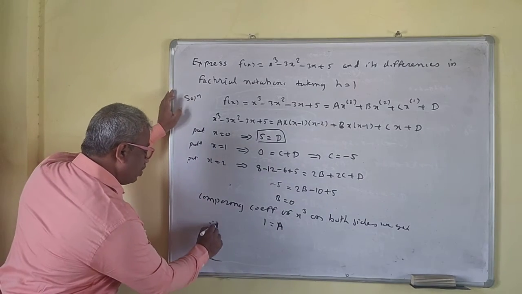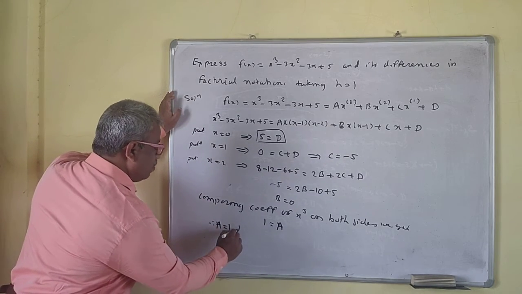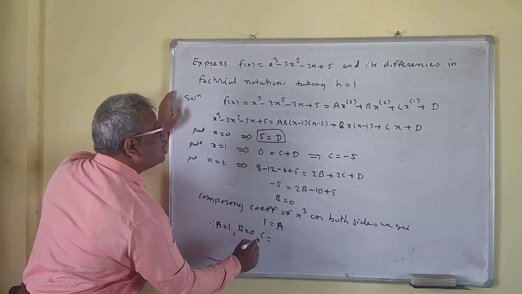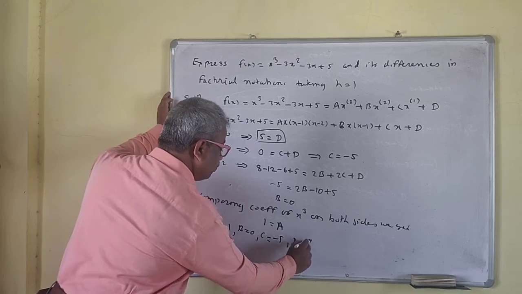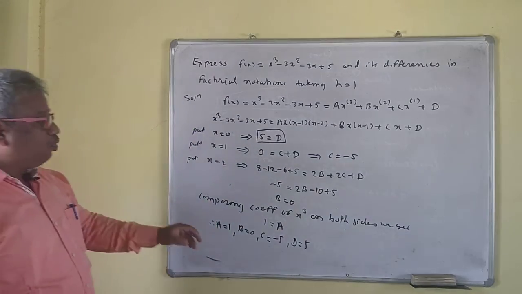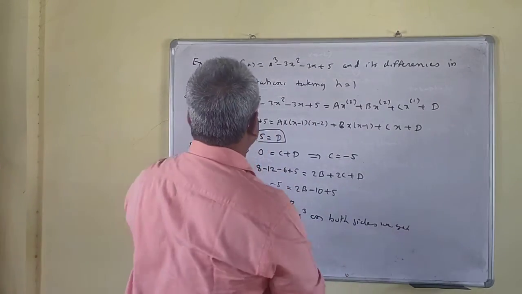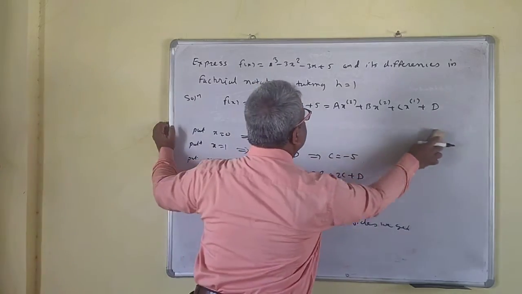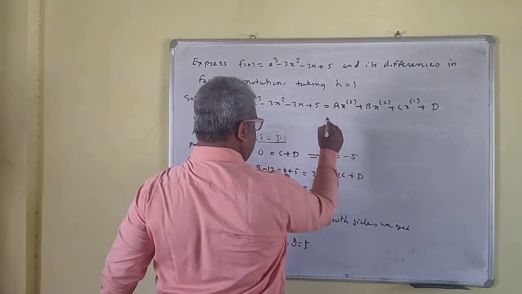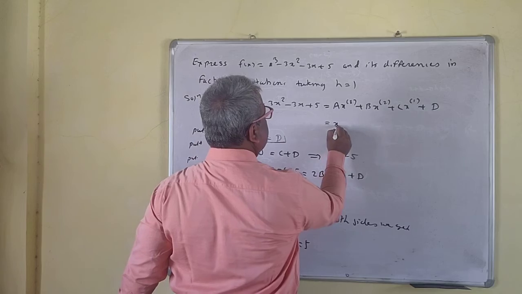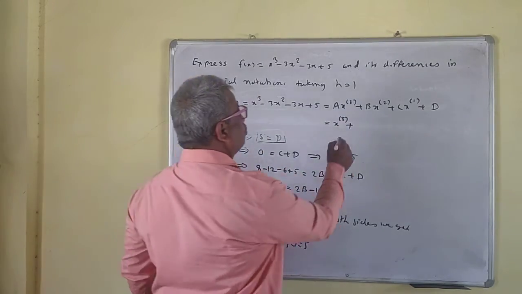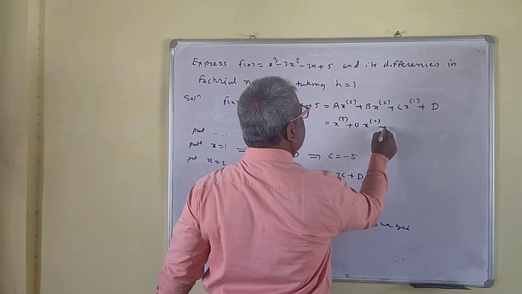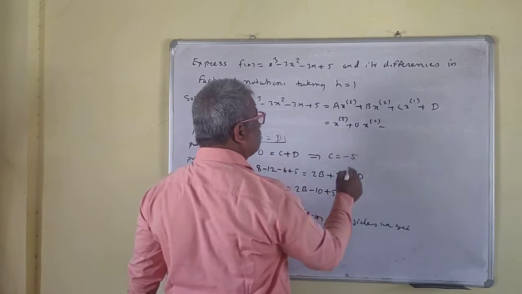Okay, so therefore we get a is equal to 1, b is equal to 0, c is equal to minus 5, and d is equal to 5. So we put them there. A is equal to 1, so this is x to the power 3, plus b is 0, so 0 x to the power 2, minus 5 x to the power 1, so take care of the sign also.